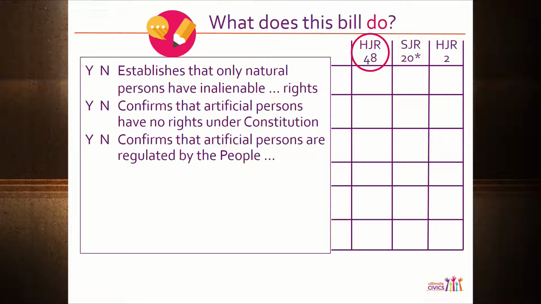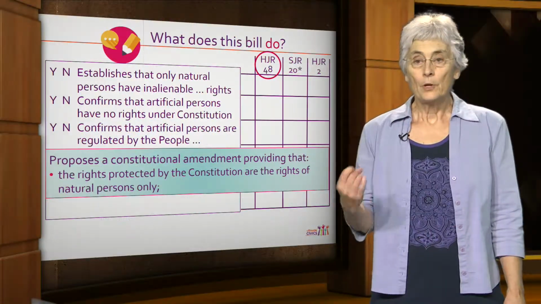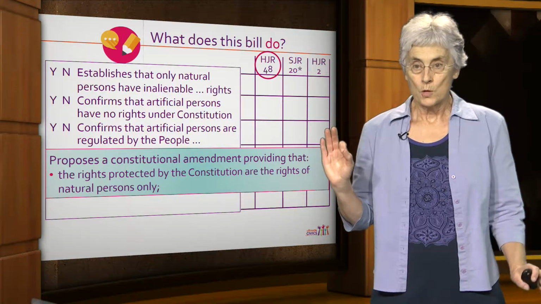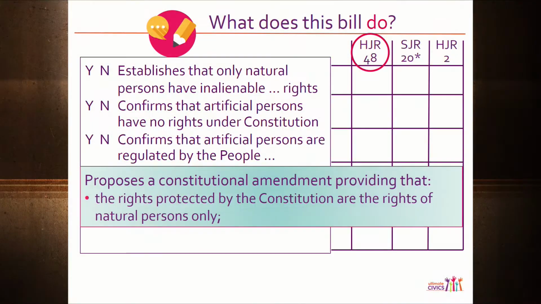Does it confirm that artificial persons are regulated by the people? Let's have a look. There's a couple of paragraphs in this first bill. The first one is, quote, it proposes a constitutional amendment providing that the rights protected by the Constitution are the rights of natural persons only.